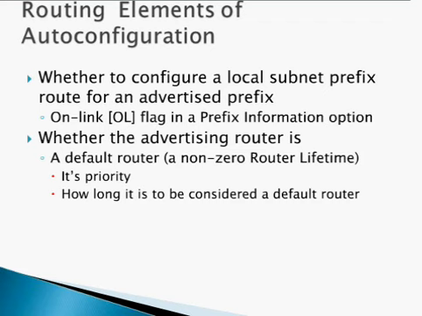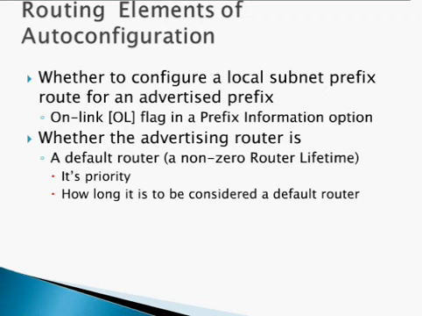Whether the advertising router is in fact a default router. Now notice I'm calling it a default router and not a default gateway. Default gateway is an unfortunate legacy term that we use in the IPv4 world. Going forward into IPv6, we refer to them as default routers. So is it a default router, using this non-zero router lifetime field? What is its relative priority? And that router lifetime determines how long I can consider it to be a default router.